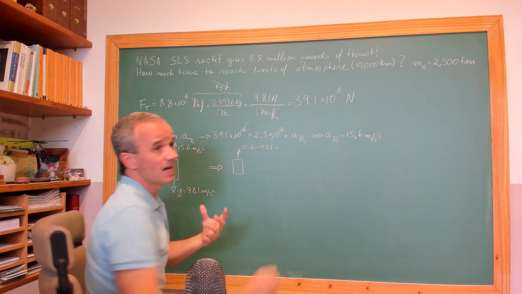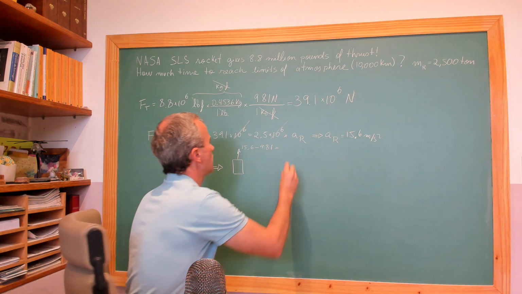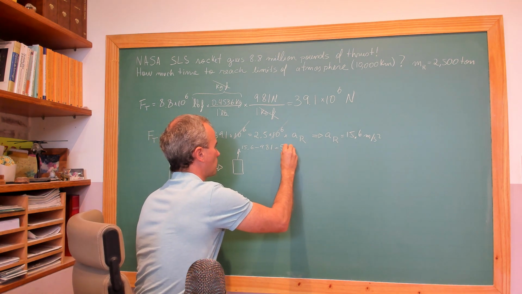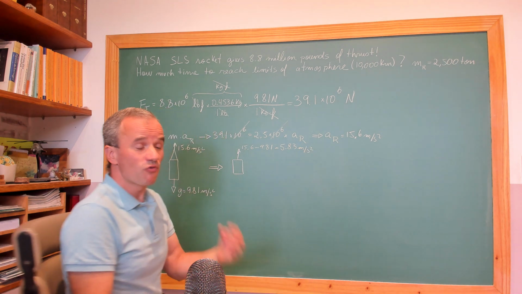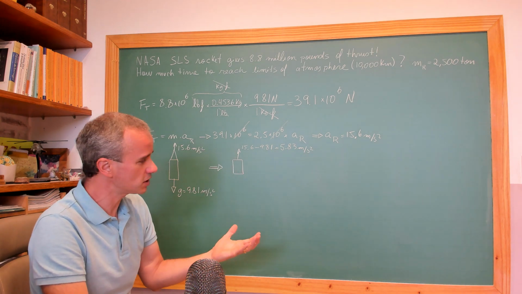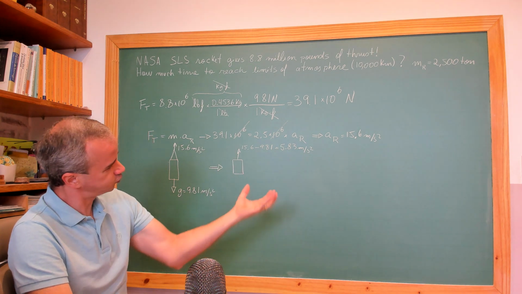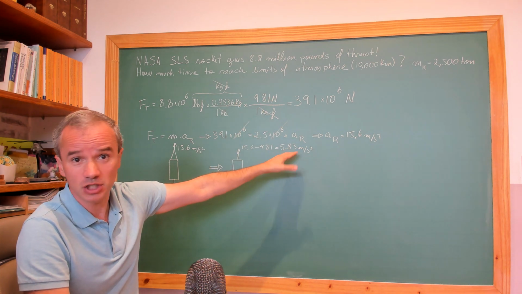So the net acceleration is exactly 5.83 meters per second squared. So basically 6 meters per second squared is the acceleration that this rocket is moving throughout the atmosphere.